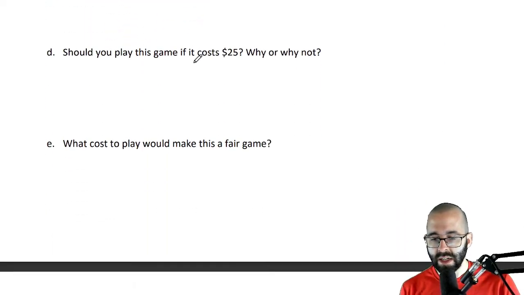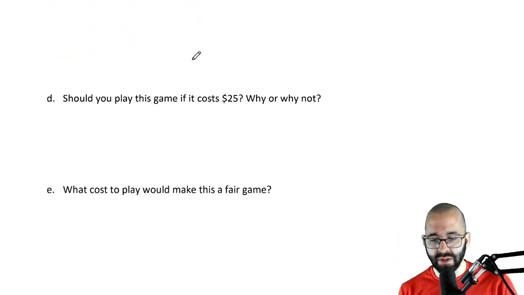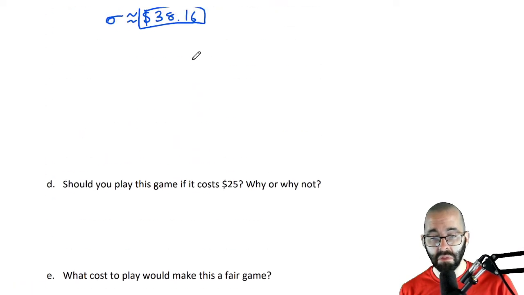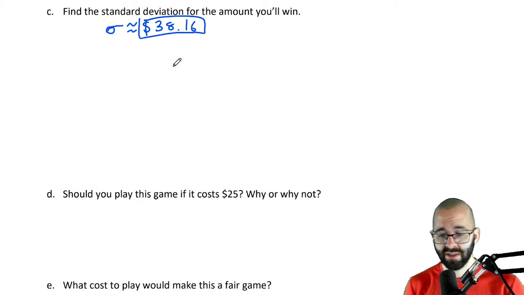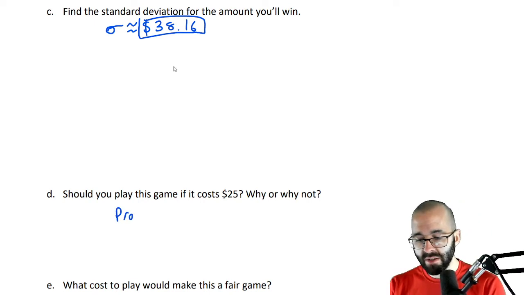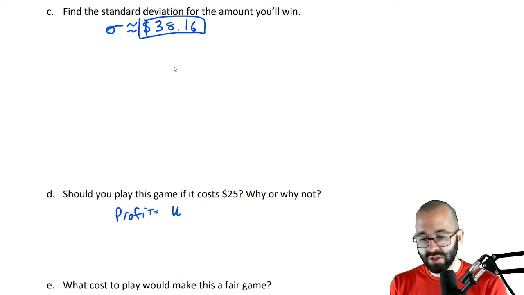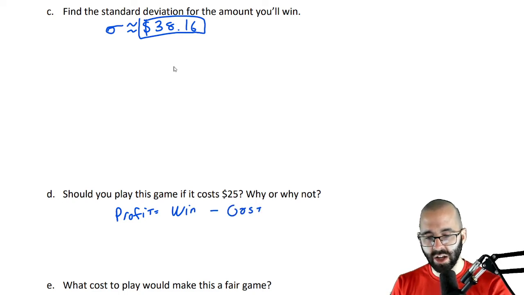Okay. Should you play the game if it costs $25? On average, you're going to win $23. So if it costs $25 to play, you're probably going to be losing on average. Okay. The profit is your win minus the cost.